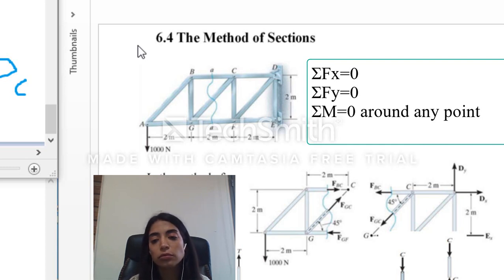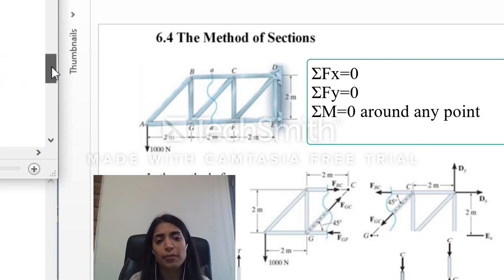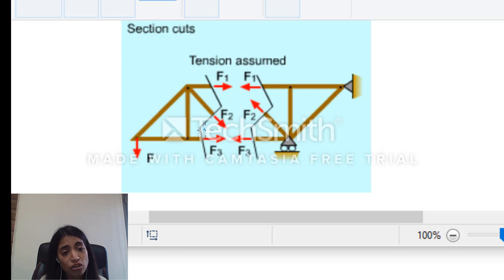Now, how to decide the direction of the internal forces at this section? Basically, it doesn't matter. You can assume them. So like in this case, guys, if I make this section here, I can assume that all my members are in tension, so I'm pulling out my members.